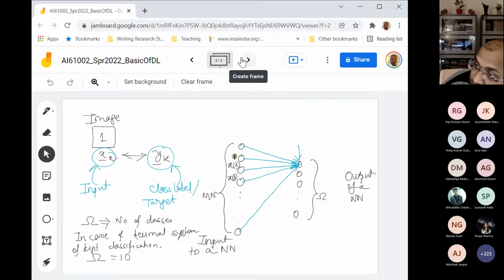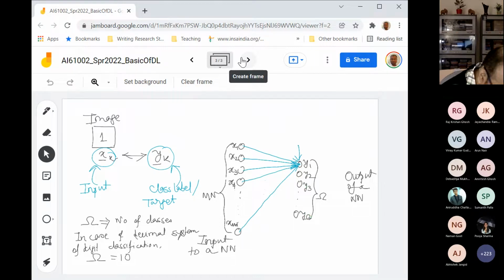So we call these x1, x2, x3, x4, like this, and this last one is going to be x of m into n. Similarly, these outputs over here can be written as y1, y2, y3 up to y of capital omega.